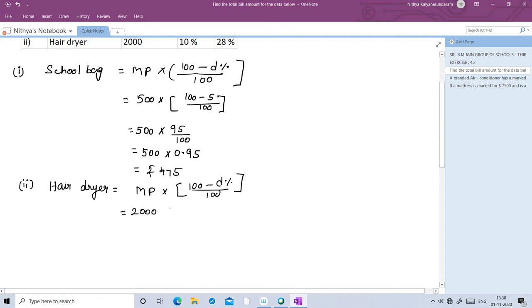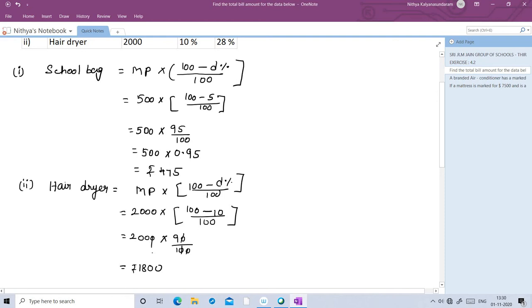So 2000 into 100 minus discount, which is 10%, divided by 100. 2000 into 90 by 100. So the zeros cancel. If you are multiplying, 9 2s are 18, 1800. So rupees 1800. So the school bag is 475, then the hair dryer is 1800.